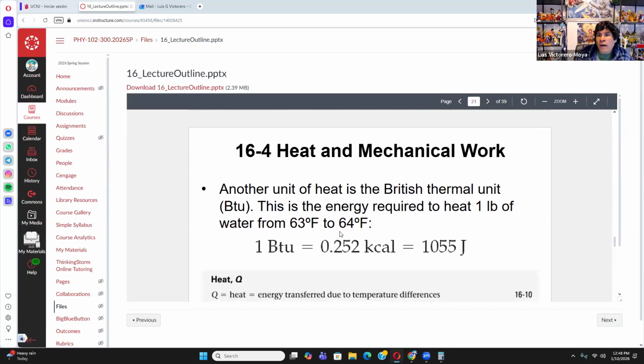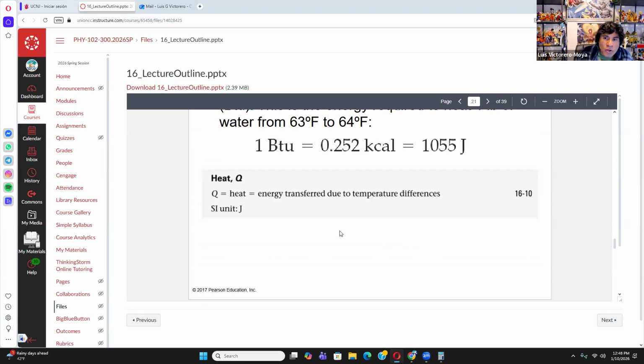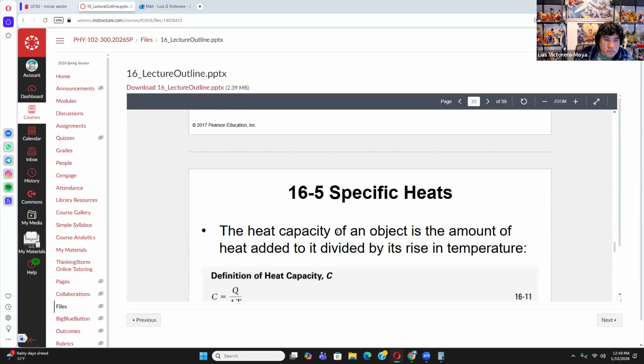Which basically gives you your definition of heat. Heat is defined as the mass times the specific heat capacity times the change in temperature, measured in calories or joules. Depending on what you're using, you can directly measure this in joules. It depends what you are using for the specific heat capacity. Okay?